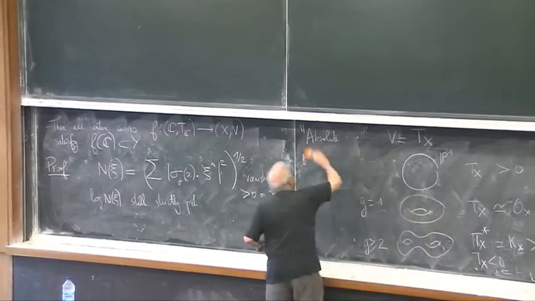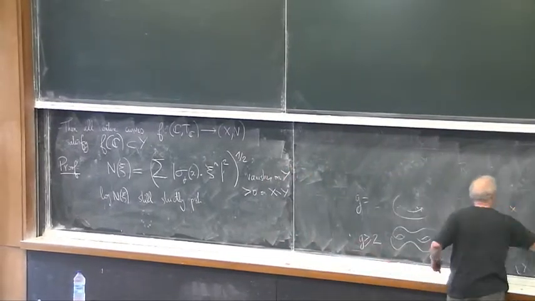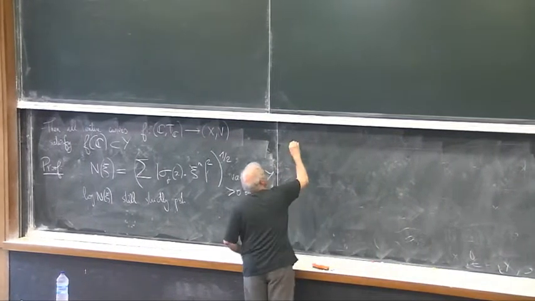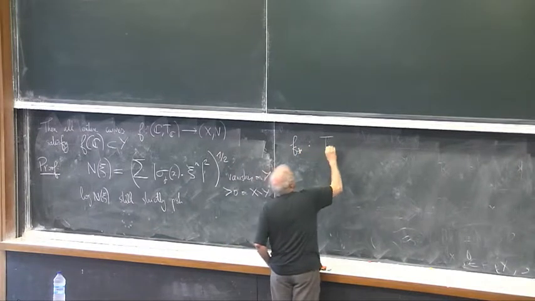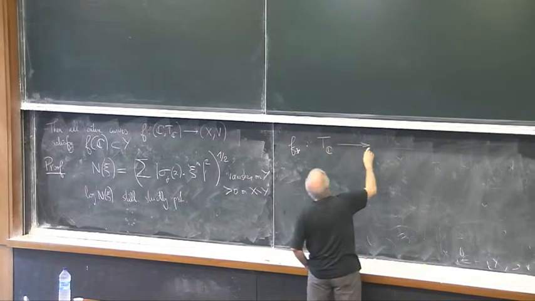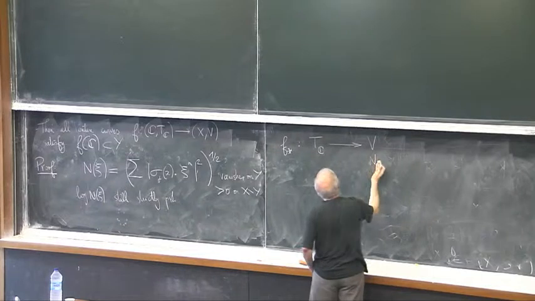So instead, you are going to apply Ahlfors lemma. So now you look at the differential. So you take a curve, you look at the differential. So it goes from T_C to V. But here you have this Finsler norm. So you just pull back.